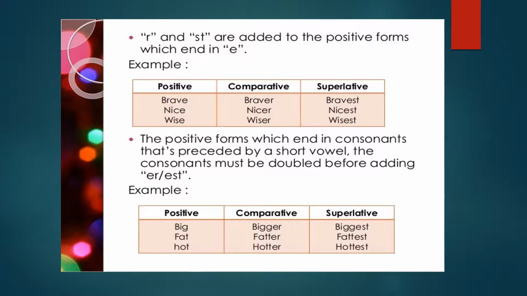By doubling the last letter of the positive degree and adding er and est, we can make comparative and superlative forms. For example, big, bigger, biggest; dim, dimmer, dimmest; fat, fatter, fattest; hot, hotter, hottest; mad, madder, maddest.